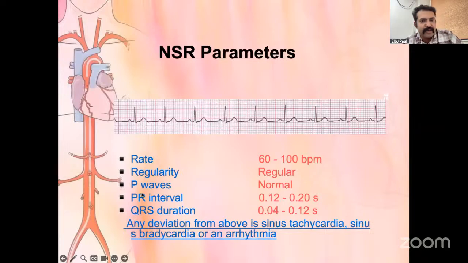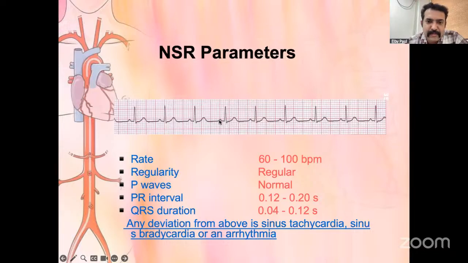Then we can go for the PR interval. The normal PR interval is 0.12 seconds to 0.2 seconds. I have told you people the small square carries 0.04 seconds, which means one big square carries 0.2 seconds.